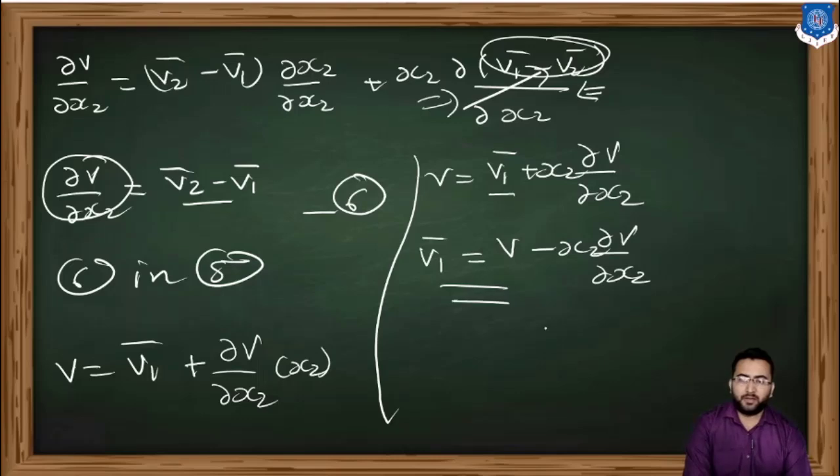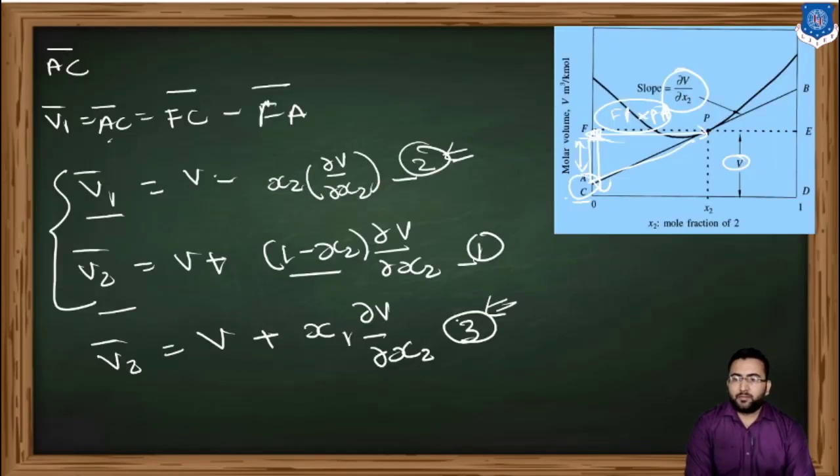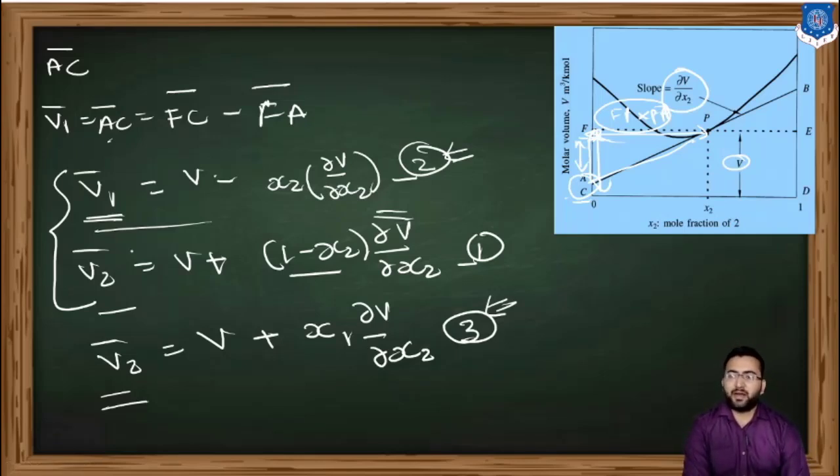Hence proven that this V1 bar value in equation number 7 is the same as given by the graphical method. So equation number 2 and equation number 7 are both the same. Similarly, we can prove it for V2 bar. This is how we can use the analytical method to prove V1 bar and V2 bar.